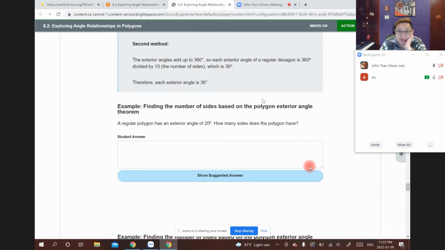Exterior angle 20. How many sides does the polygon have? You know this answer. I'm sure you do.